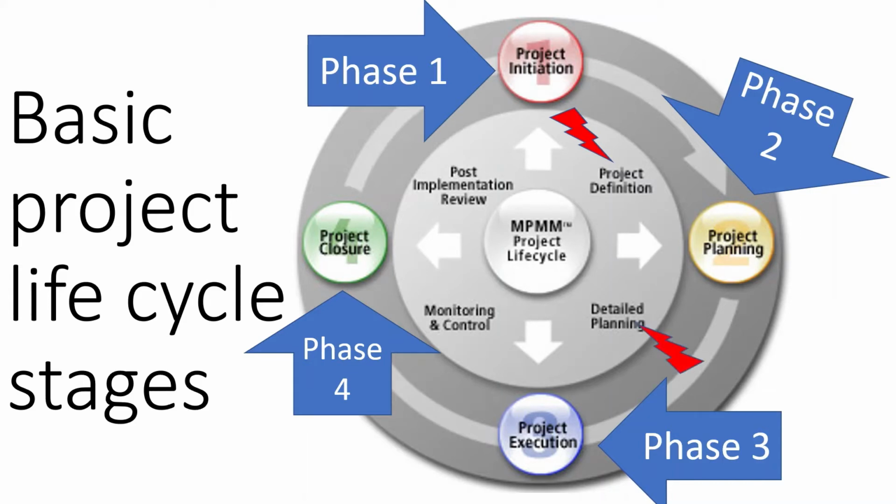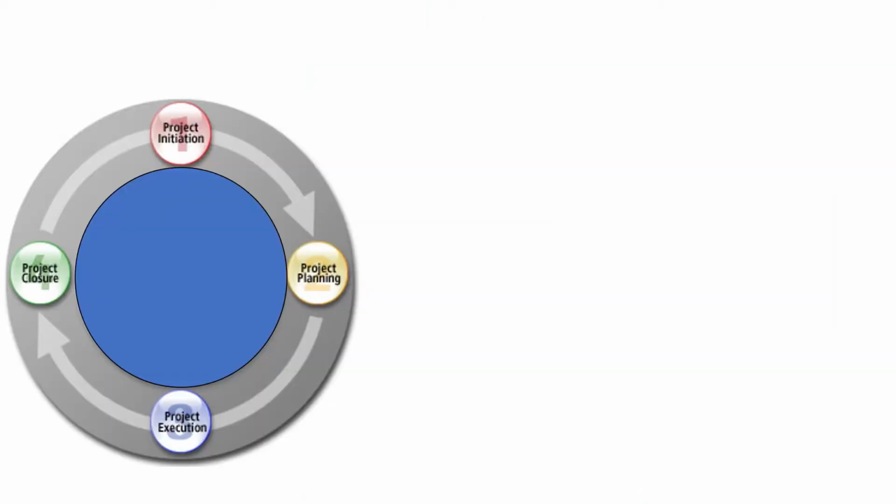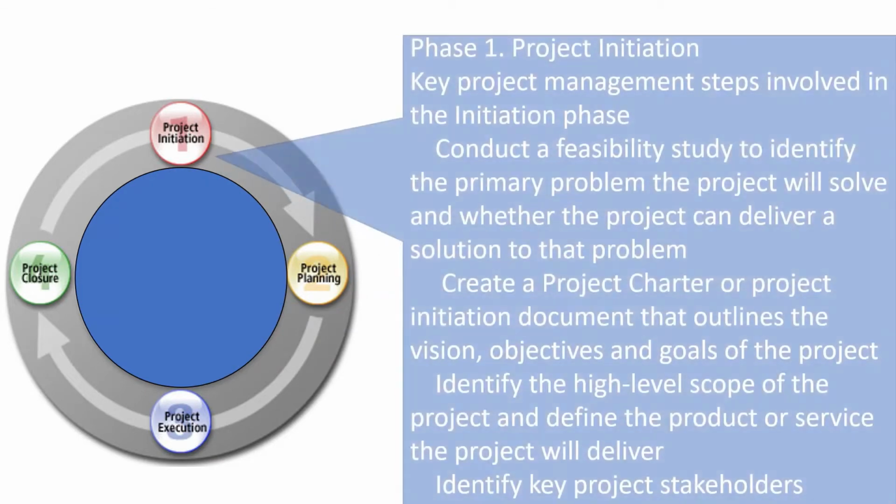At phase 2 is detailed planning. And at phase 3 is monitoring and control. And finally, post-implementation review. So these are the basic stages in the project life cycle. Let's look at them in a little detail.